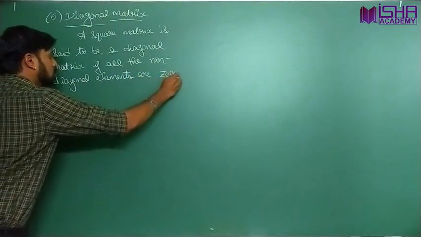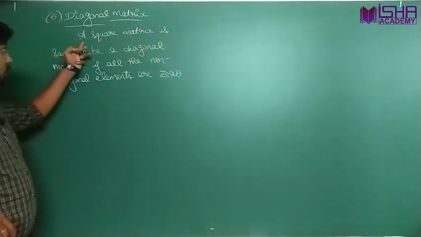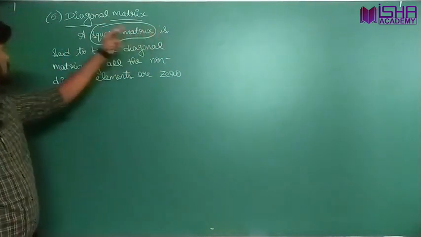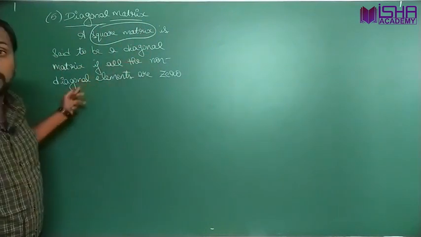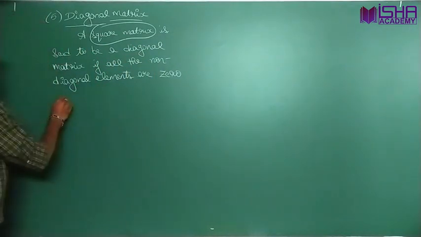So a square matrix is said to be a diagonal matrix if all the non-diagonal elements are zero. Let us give some example.